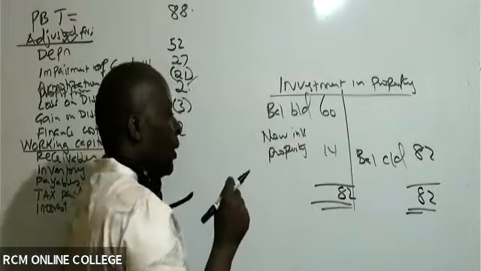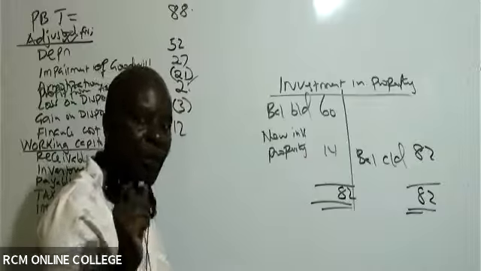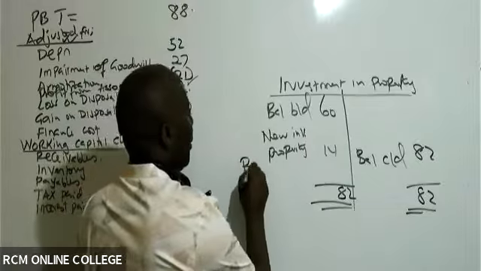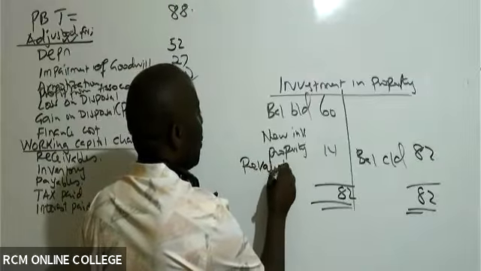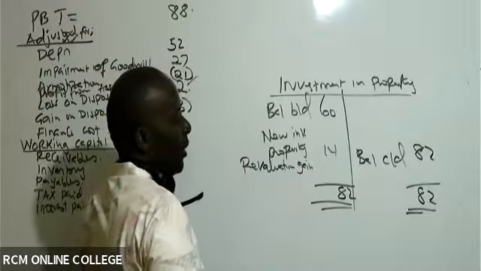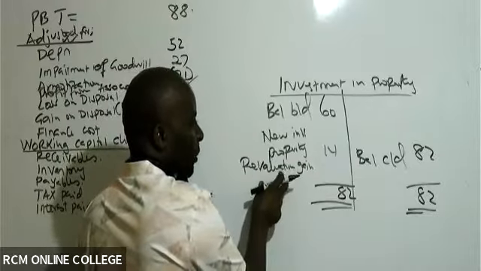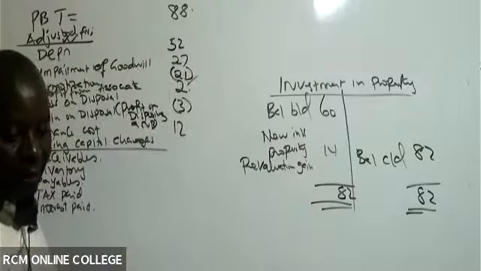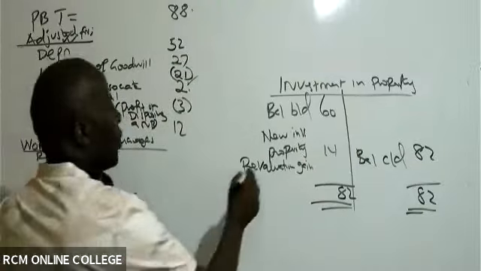The moment they have told me that their investment properties are fair valued, then I know there must have been some revaluation. So we have a revaluation gain. It's a gain because it's on the debit side. So 82 minus 14 minus 60 will give me 8.